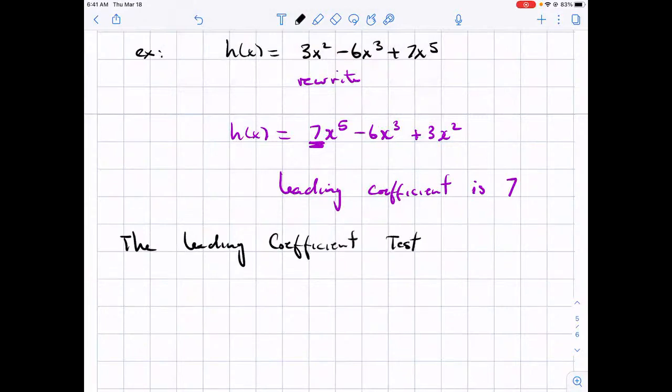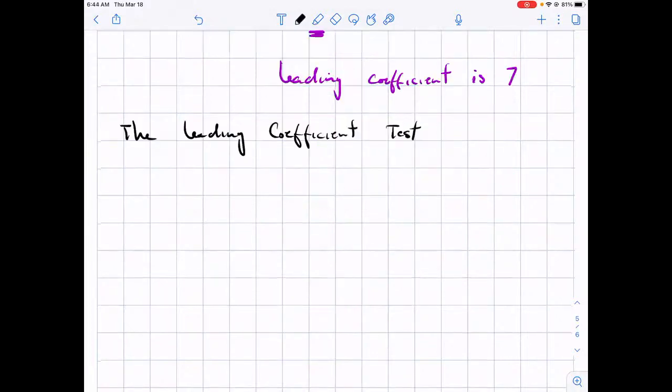Okay, let's look at the leading coefficient test. What we'll see is that the graph either rises or falls without bounds as x moves to the left or to the right.